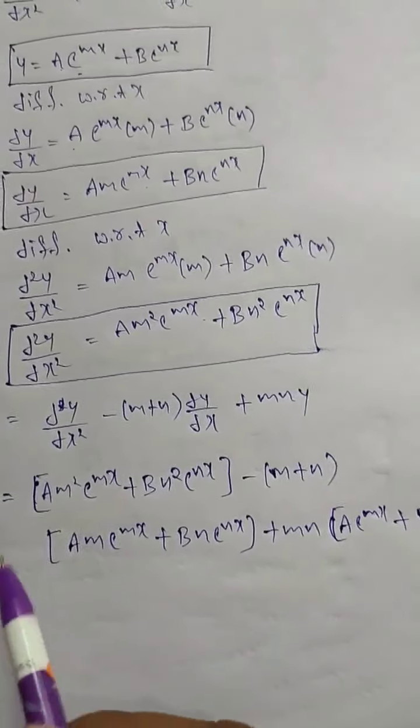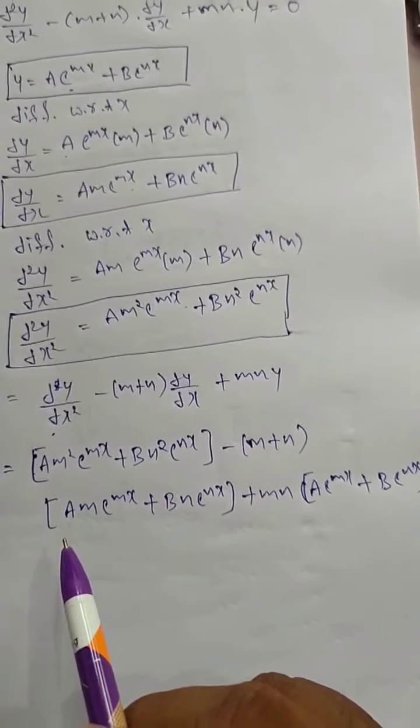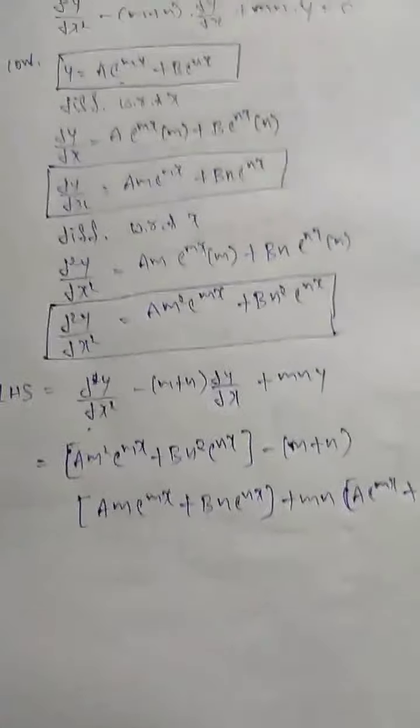So I have substituted d square y by dx square, dy by dx and y. Now I am simplifying this equation.